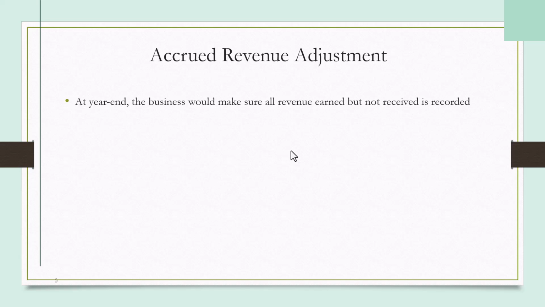For example, maybe they're providing a service that's going to take 3-4 months to complete. At year end, they might look at how much of that job they have completed by year end, and then record that amount. The actual adjusting entry would be a receivable to show that they have not received the money for that income yet. And then they would also record revenue to represent the revenue they have earned.